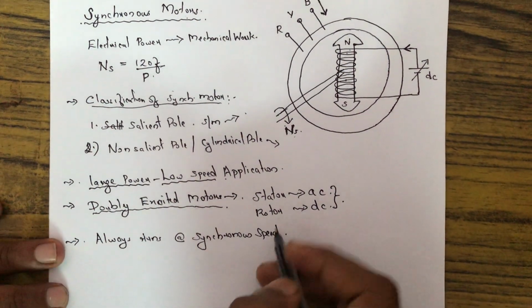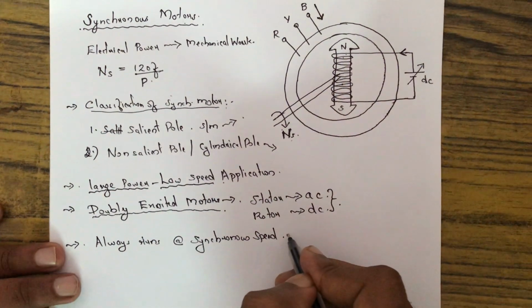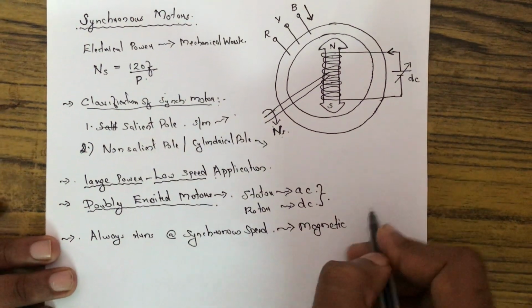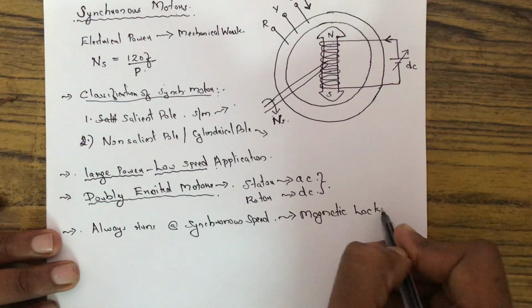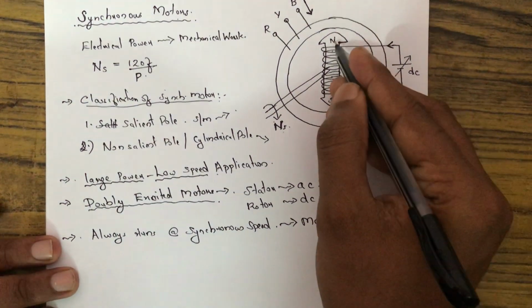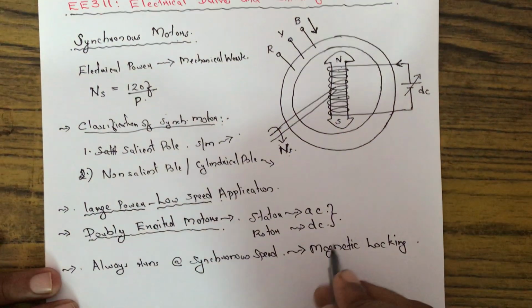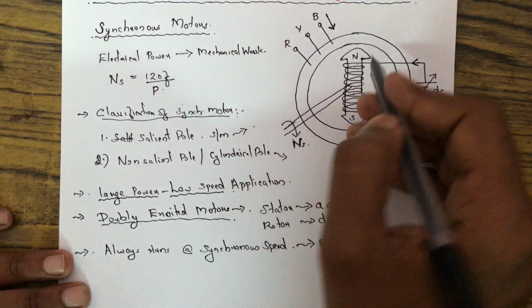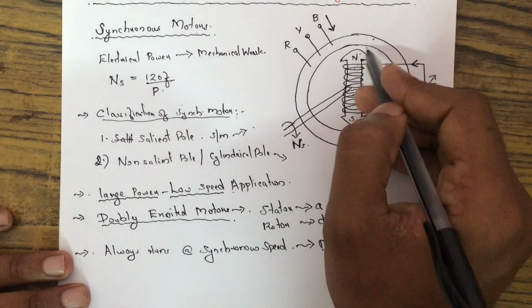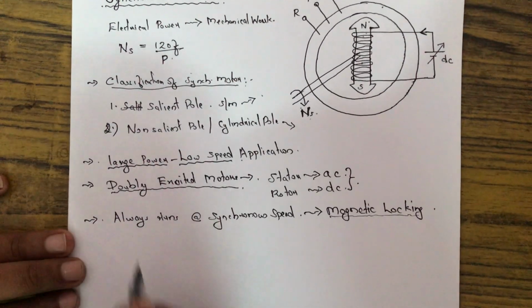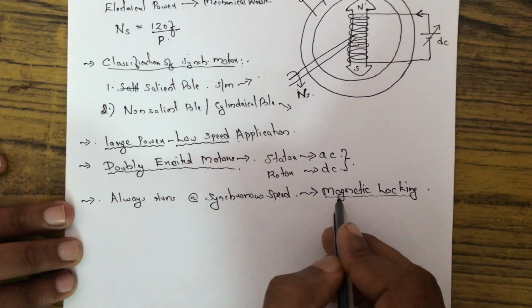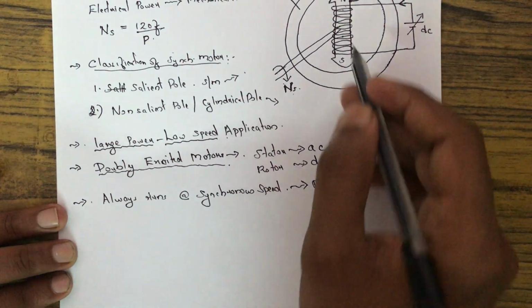This is due to the magnetic locking between the stator and the rotor. We can see what the magnetic locking between the stator and the rotor is in the principle of operation part.